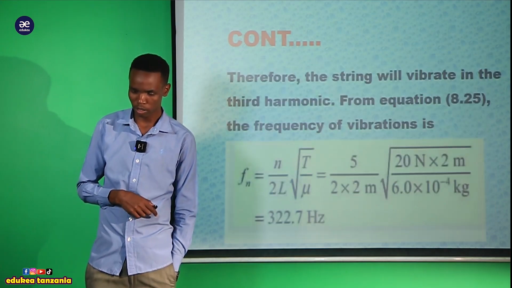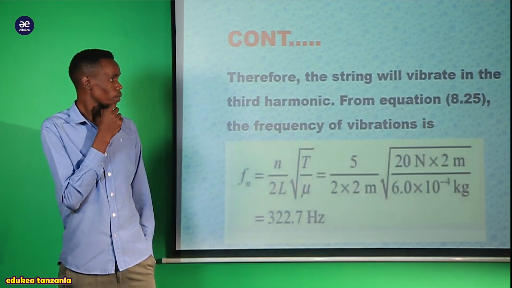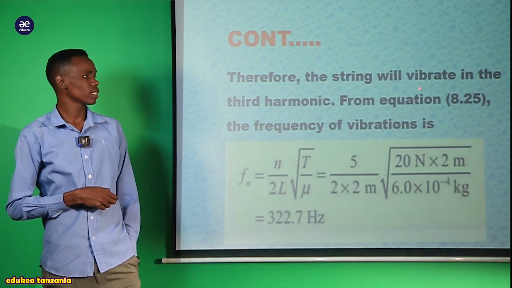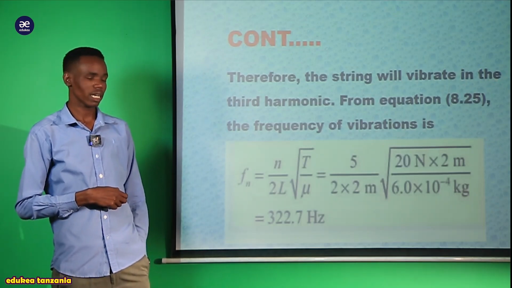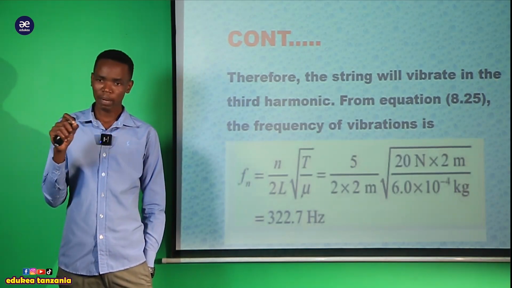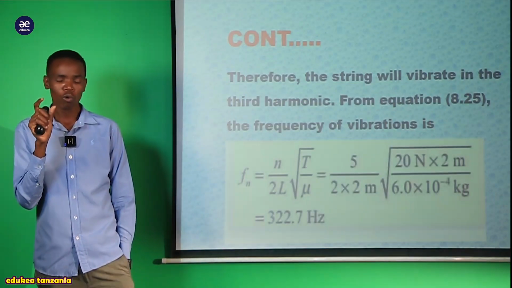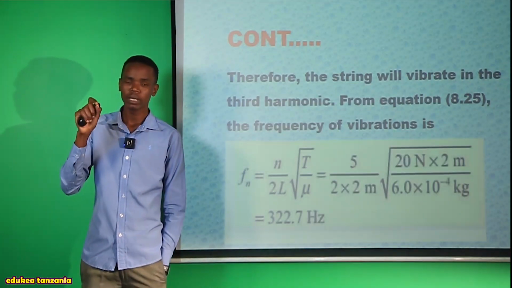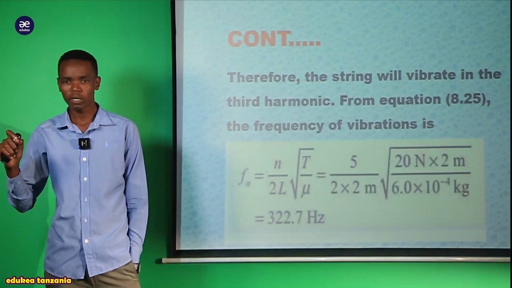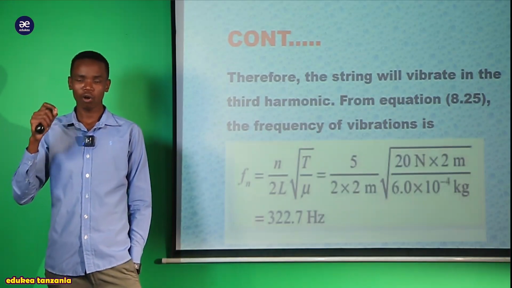Therefore we say that the string will vibrate in the third harmonic, because we found the number n is 5, which means the string will vibrate in the third harmonic, that is the second overtone.